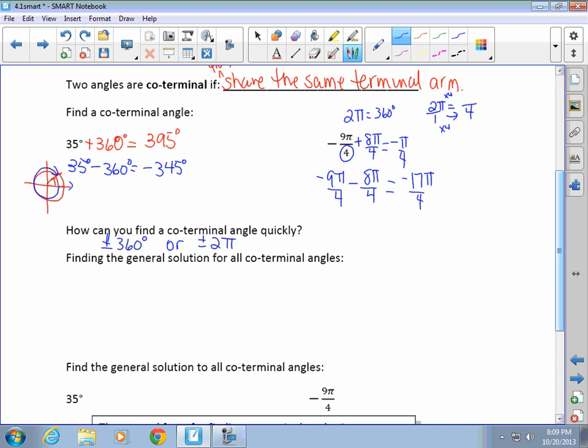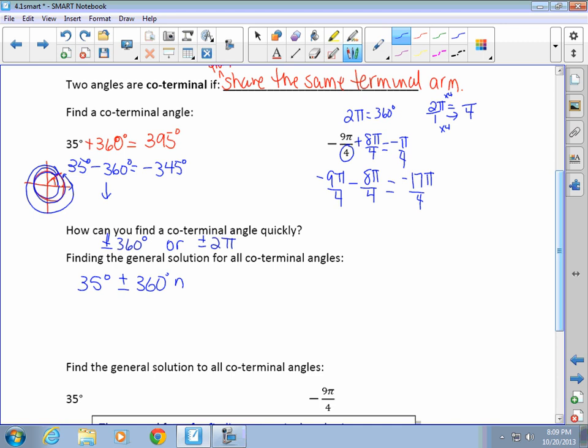So for this one here, my general solution would be 35 degrees plus or minus 360 degrees times n. And n is just going to stand for how many times I go around the circle. So in this first case, in my red one that I had here, I went around once, but I could have gone around twice.